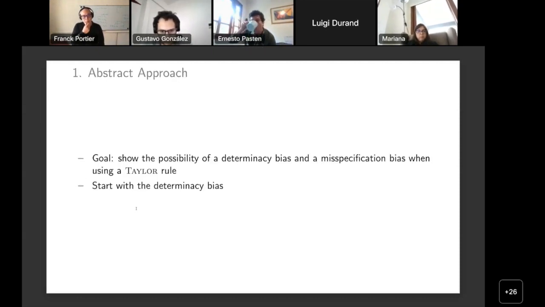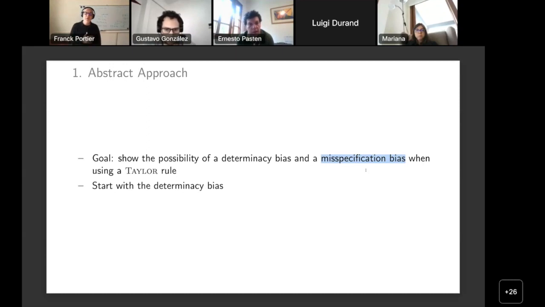What I want to show is that there are two types of biases that one can be confronted with when using a Taylor rule. One is the misspecification bias. It's a bit obvious. If the central bank is not doing that, and I assume that it does, then I'm going to bias things. It's not rocket science, but it happens that it has a big bite in practice in big models.